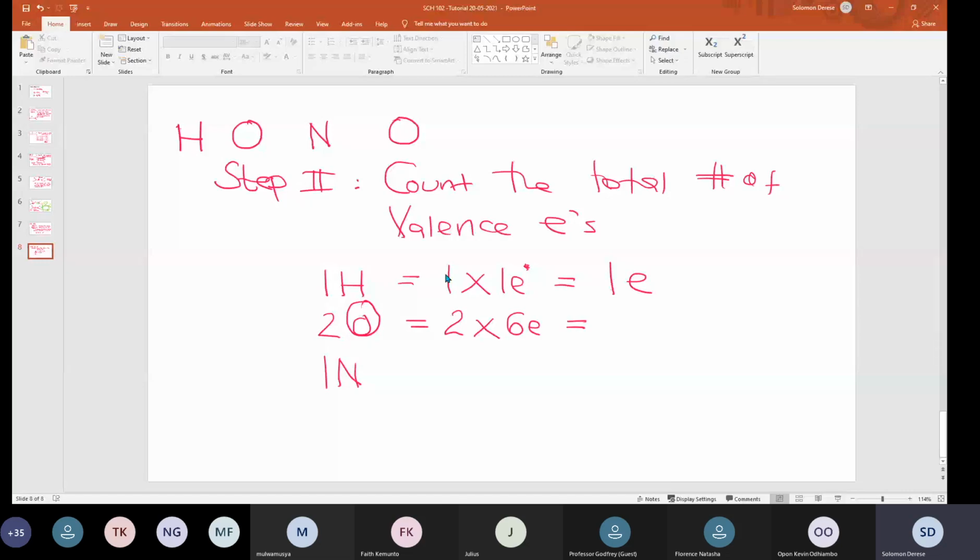So the 2 oxygens contribute 12 electrons. And then we have 1 nitrogen: 1 times 5, because nitrogen is in group 5A, 5 electrons. As a result, the total number of valence electrons of all the elements in this molecule is 18.